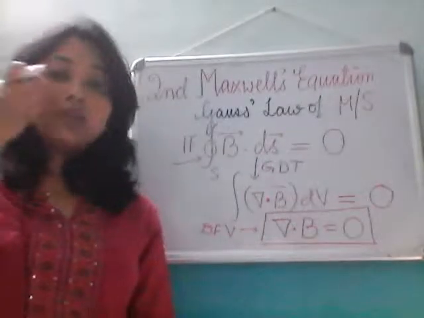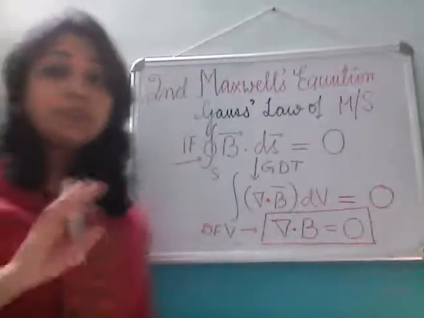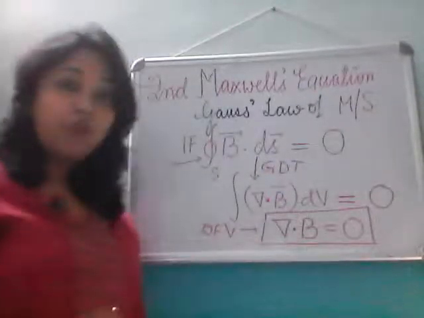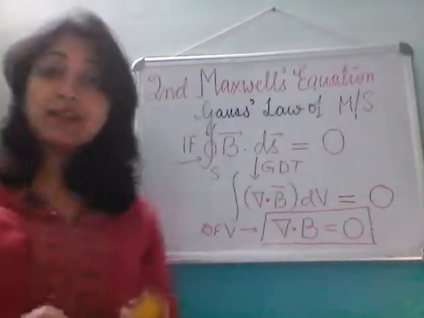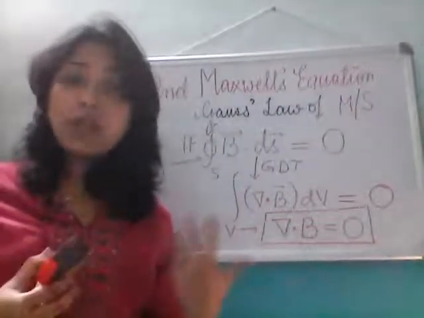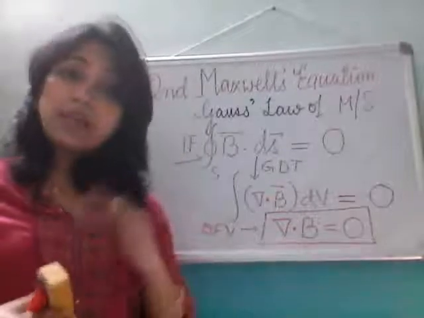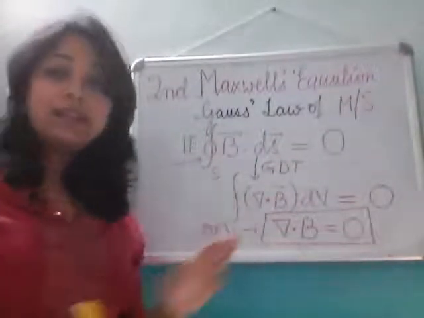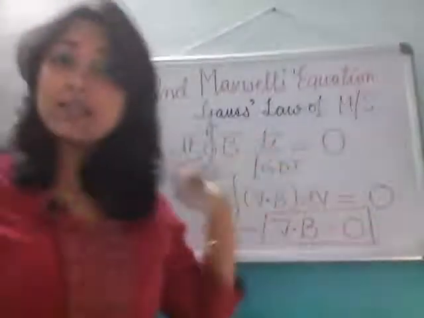Right? So now that we have written both the forms, the integral form and the differential form, let us discuss what is the physical significance of this equation. What is the meaning of this equation? Now see, in terms of the surface integral, what is this integral meaning?